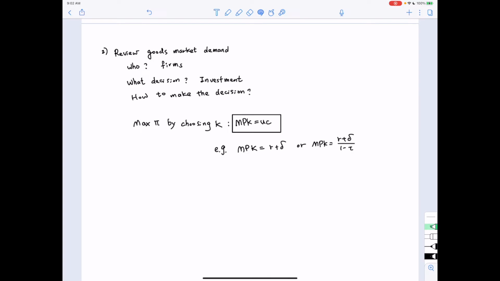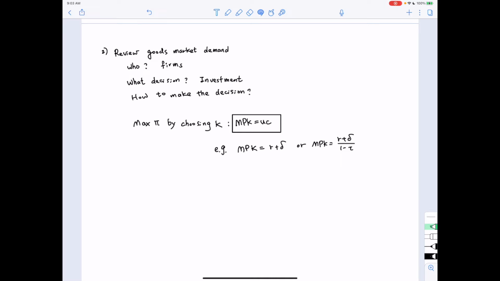And so it turned out that the marginal product of the capital equals the real interest rate plus the depreciation rate, or we look at the tax adjusted user cost of the capital, which is the marginal product of the capital equal to the real interest rate plus the depreciation rate, the whole term divided by 1 minus tau. The tau is the tax rate.